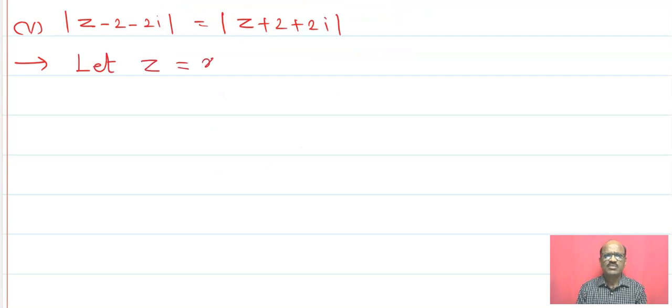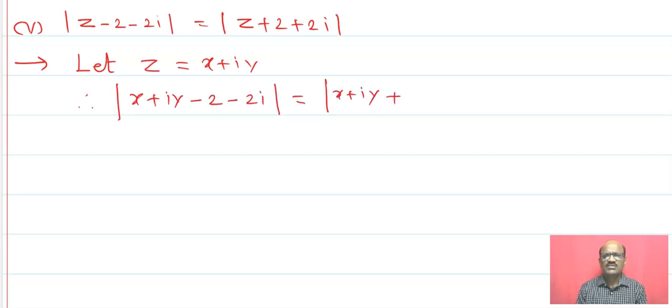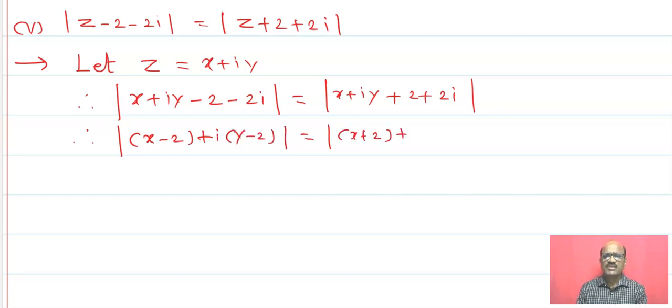And next, mod of z minus 2 minus 2i is equal to mod of z plus 2 plus 2i. Now z is equal to x plus iy, and doing the subtractions you get x minus 2 plus i times y minus 2 on the left, and x plus 2 plus i in bracket y plus 2 on the right.